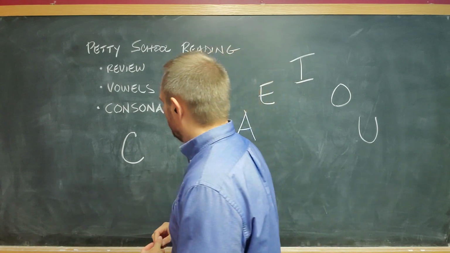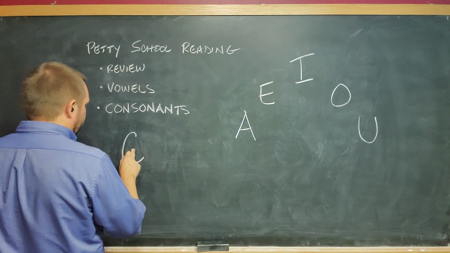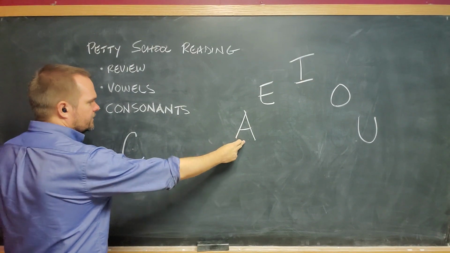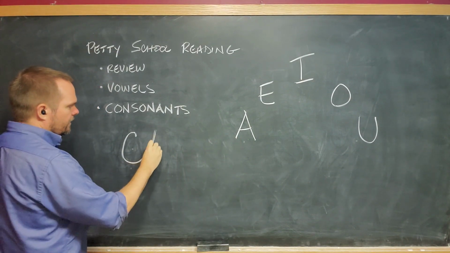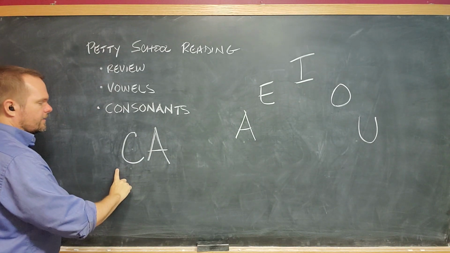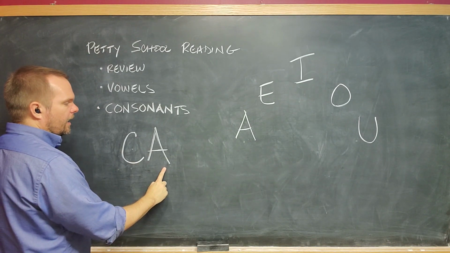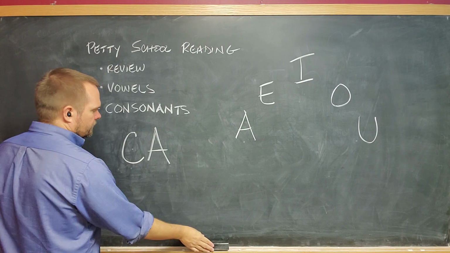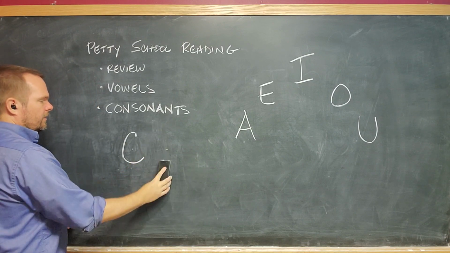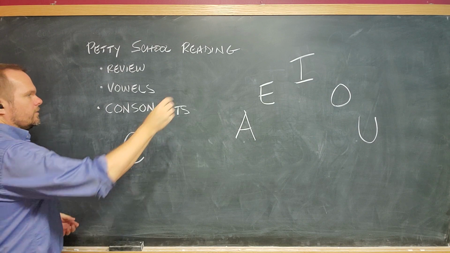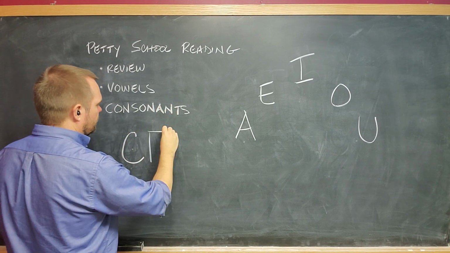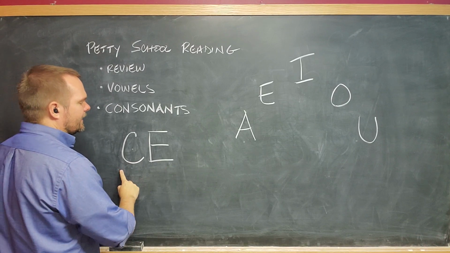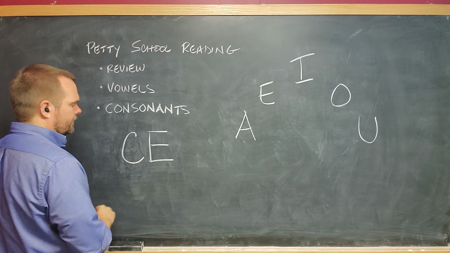We start by combining the consonant k with the vowel sound a, and we make the syllable ka. If we change the vowel and use our second vowel sound, we now have ke.